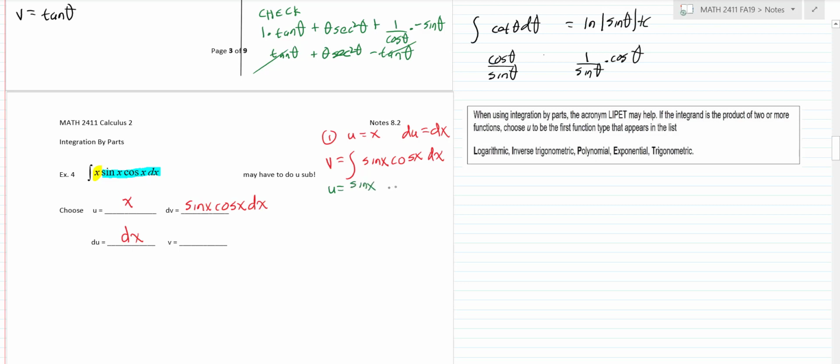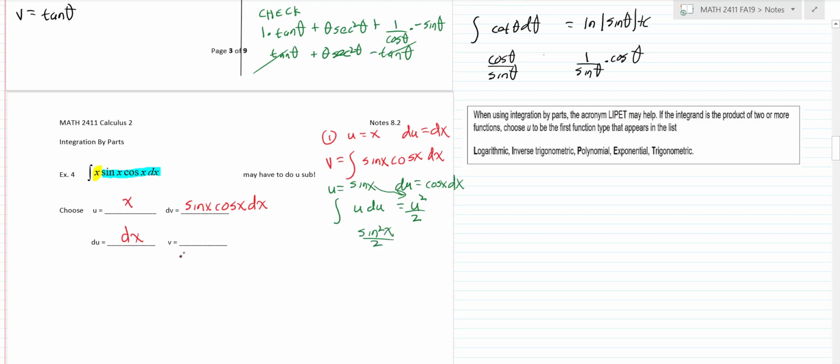So this is a real easy way to do this. So that's u. du will end up being cosine x dx. So we're going to end up with the integral of u du, which is u to the second over 2. And then plugging back in the u, you would end up just getting sine squared x all over 2.